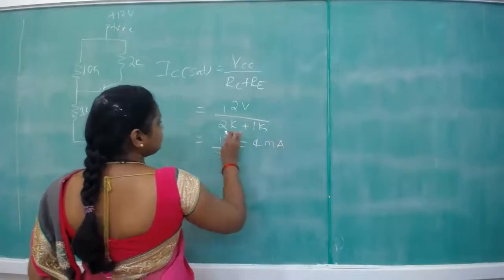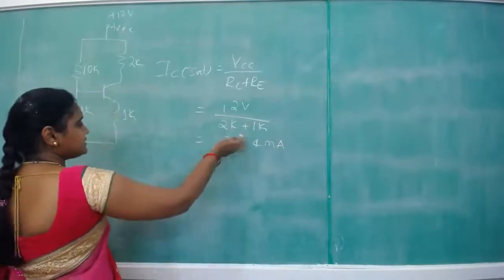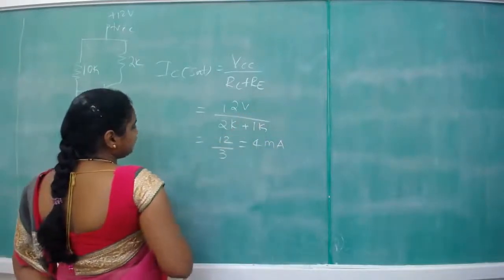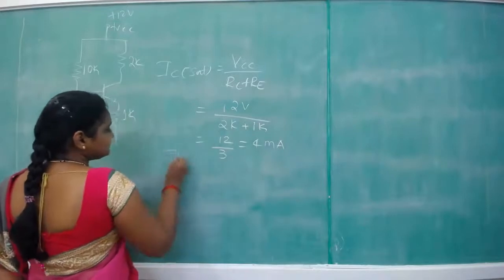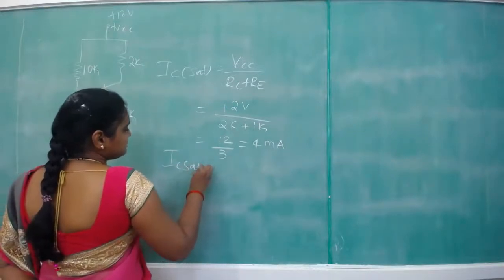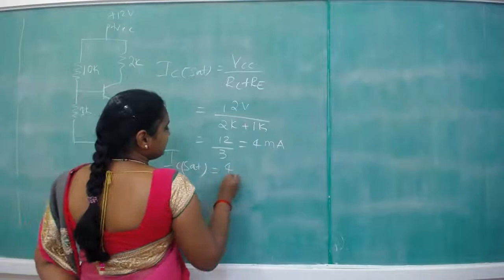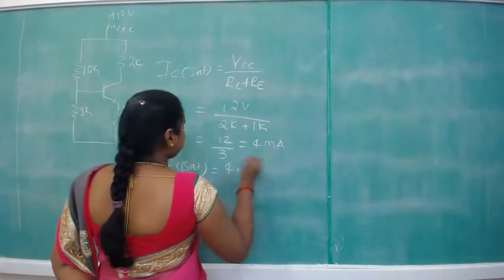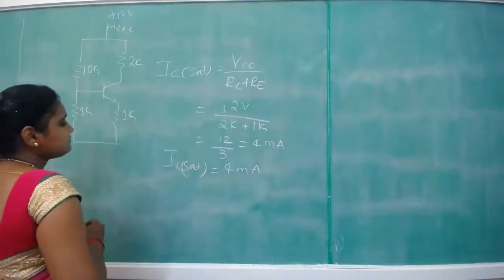Why milli? Because the denominator has K. If it shifts to the numerator, that will become 4K. So IC saturation is equal to 4 milliamperes. Okay.